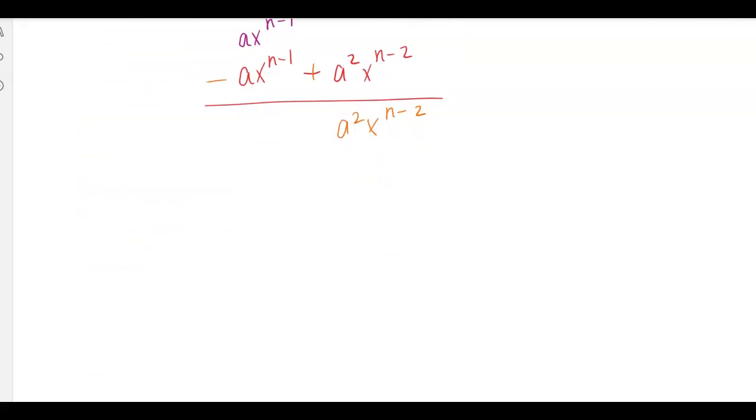So we're going to just start with a simple function. We'll just take f of x to be x to the n power. And then the derivative at some particular point is going to be the limit as x approaches a.